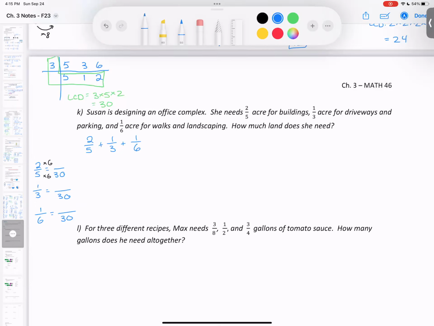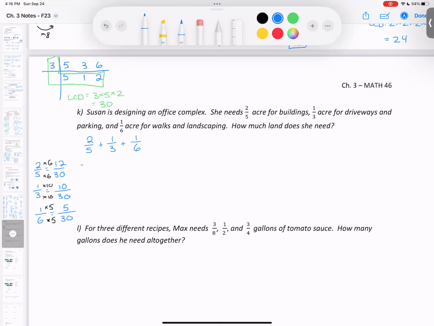So we're going to multiply by 6 on top to get 12. To get from 3 to 30, we have to multiply by 10. So we get a 10 on top. And to get from 6 to 30, we have to multiply by what? Here we have to multiply by 5. And so that's going to leave us with 5 over 30.